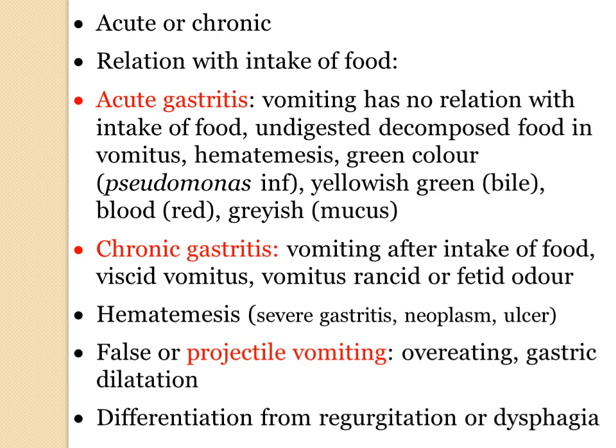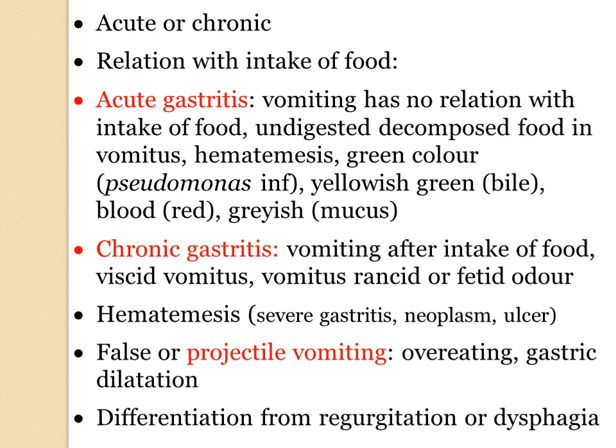There may be hematemesis or may not be. If there is a severe case, there will be blood in the vomitus. The vomitus becomes red, and sometimes if it is digested, it becomes black. Green vomitus suggests Pseudomonas bacterial infection.